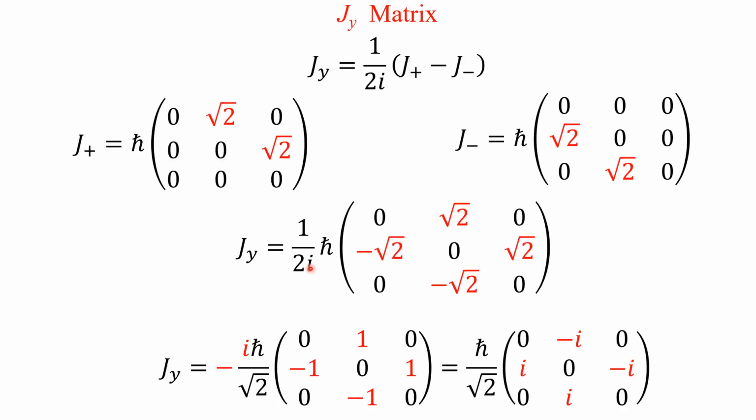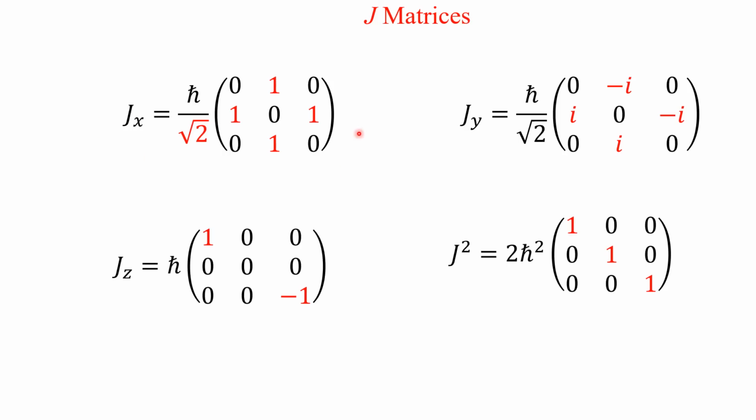So this will become i squared, which is minus 1. In the numerator you have i. Now I am going to bring this minus i inside the matrices. So this one will become minus i, and this one also will become minus i. This minus 1 will become plus i, and this minus 1 also will become plus i. So the Jy matrix is h cross over square root of 2, 0 minus i 0, i 0 minus i, 0 i 0.